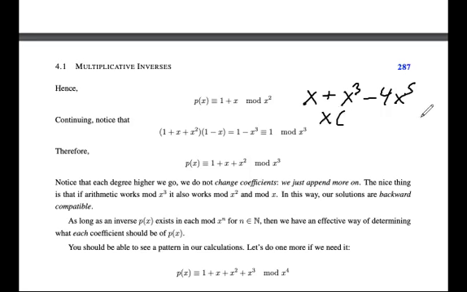Well, if we can factor out an x, then it shares a common factor with what we're modding by, which means it doesn't have an inverse. If it doesn't have an inverse in that mod, then the whole power series can't have an inverse. So we have a nice criterion. Polynomials and power series have power series inverses if the constant term is non-zero.